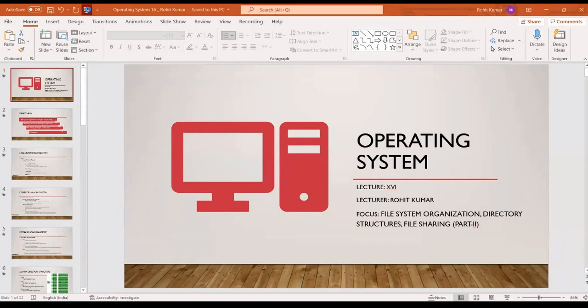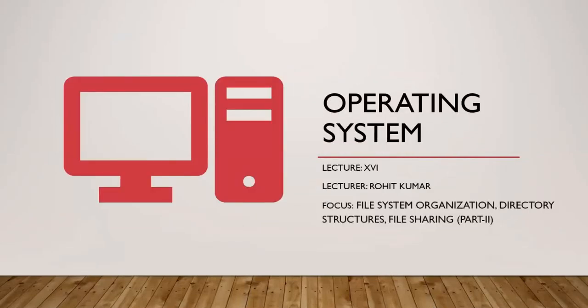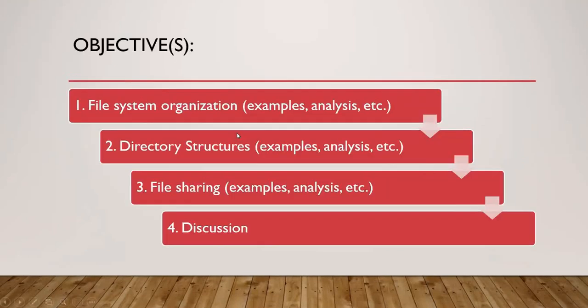So it's the 16th lecture, and again the second part of the focus that is going to cover the file system organization, directory structures, and the file handling process, file sharing process. In this particular focus, we are going to discuss some example-related discussion of file system organization, directory, and sharing.